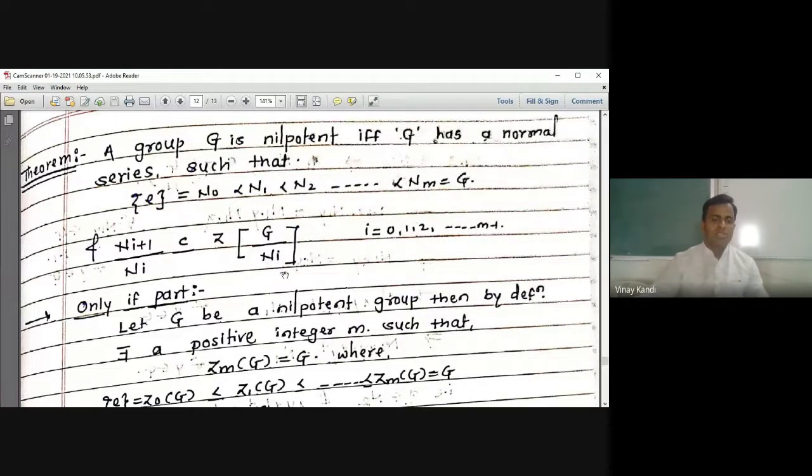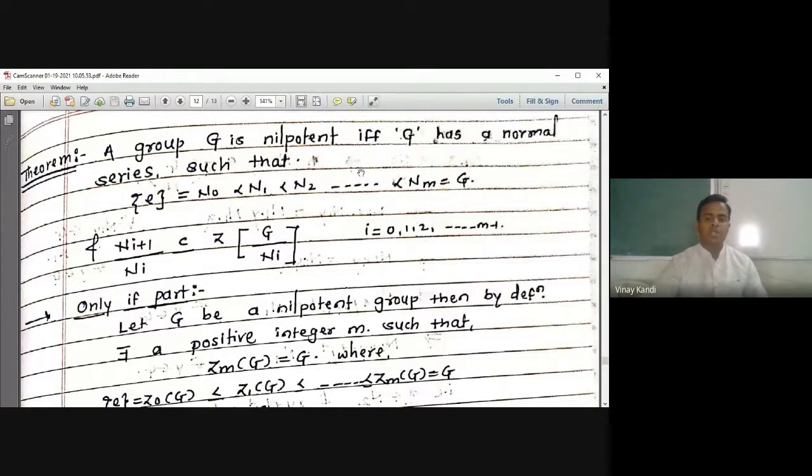Okay, what says the theorem? A group G is nilpotent if and only if G has a normal series such that singleton E is equal to N naught, subgroup of N1, which is a subgroup of N2, and so on, up to the subgroup Nm, which is equal to G, and Ni plus 1 upon Ni is contained in Z of G upon Ni for i running from 0 to m minus 1.